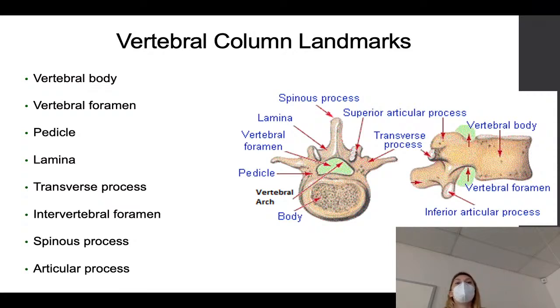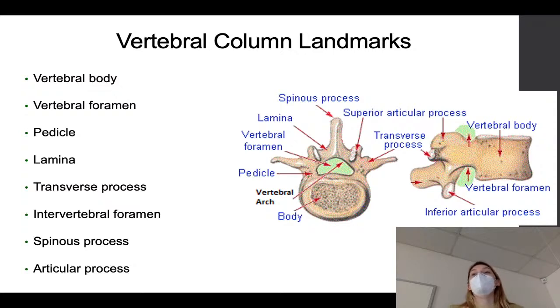And then we're going to have our articular processes. So if you remember what the word articulate meant, articulate is when two bones touch each other. So the articular processes are basically where the vertebrae are going to touch each other and stack. So we'll have superior articular processes, which we can see on this view pretty good.